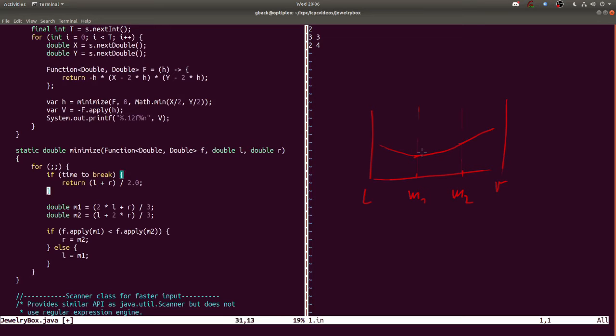Now, when should I stop? So the breaking condition will be something like r minus L needs to be small enough for us to have an accurate enough answer. Now, some competitors just make up a number here, and we think about it and come up with something that works a lot of the time, but in general it is risky and it can fail.